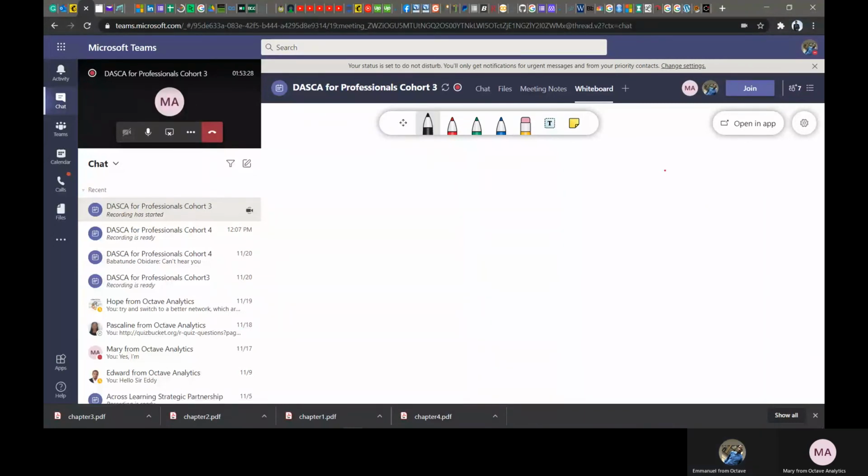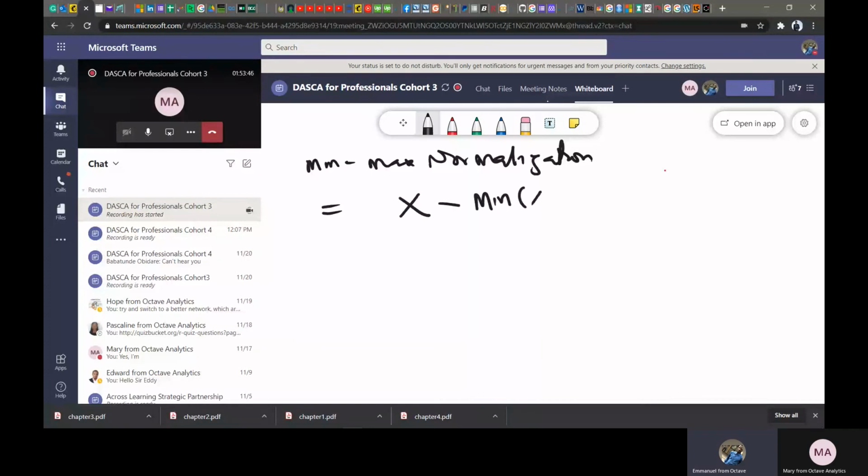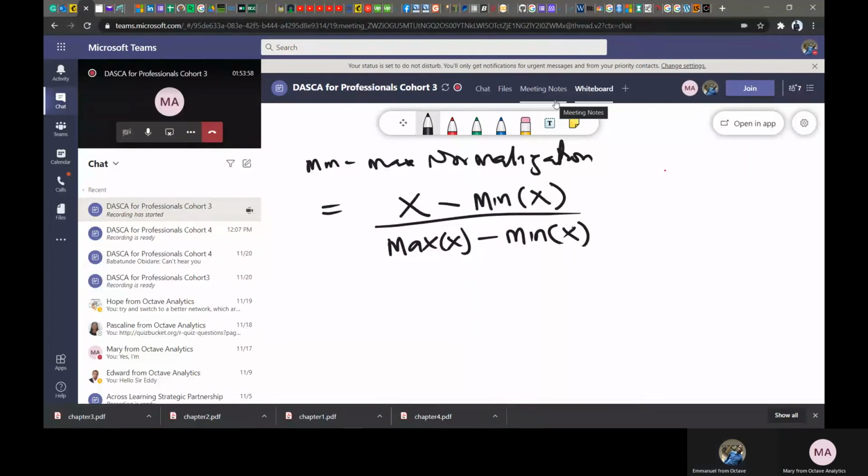The min-max normalization is equal to x minus the minimum of x, all over max of x minus min of x. Max of x minus min of x is the same thing as the range of that particular column.